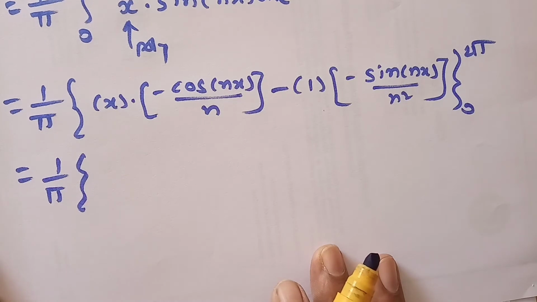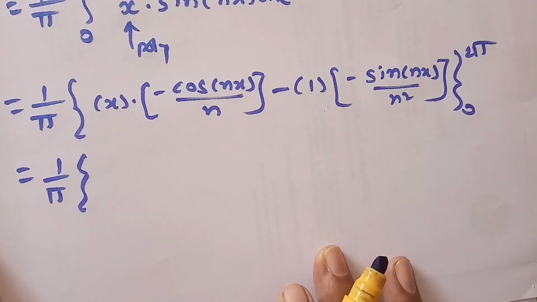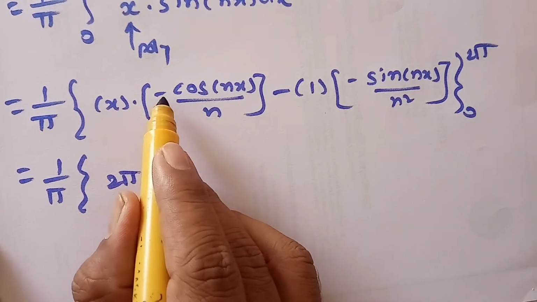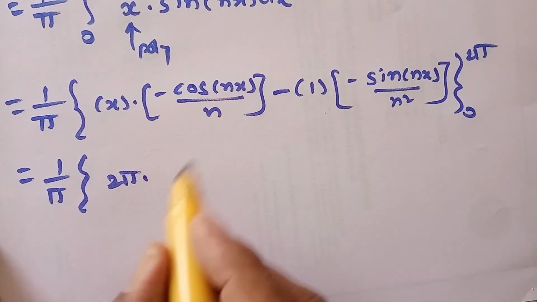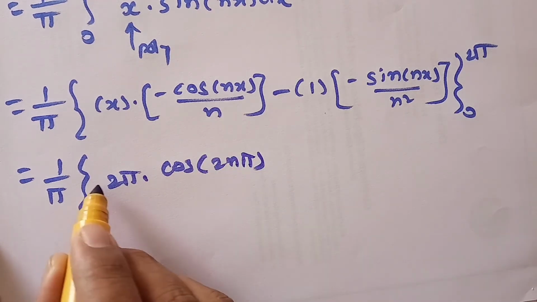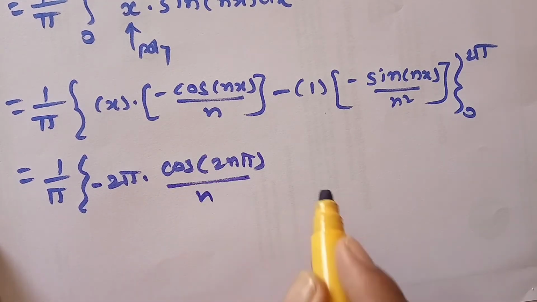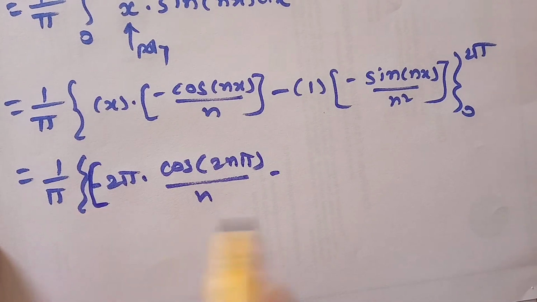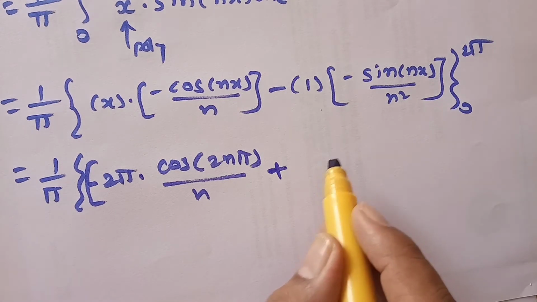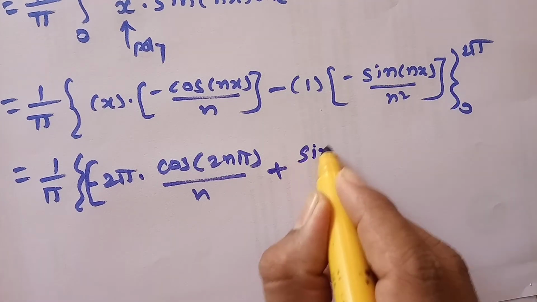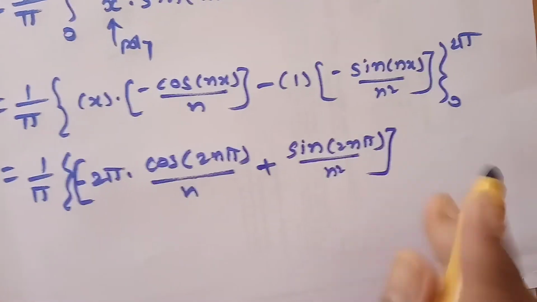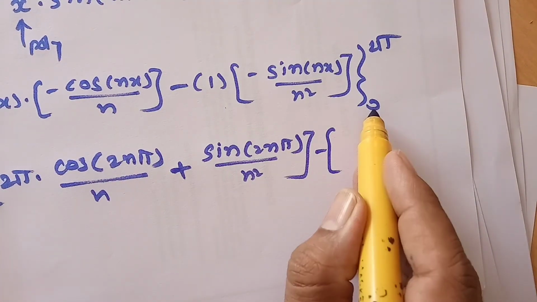Now I will put the upper limit and lower limit directly. This is 2 pi into minus cos of 2n pi, this minus sign I will take here, divided by n. Minus plus sine of 2n pi divided by n square. This is our upper limit, minus lower limit.